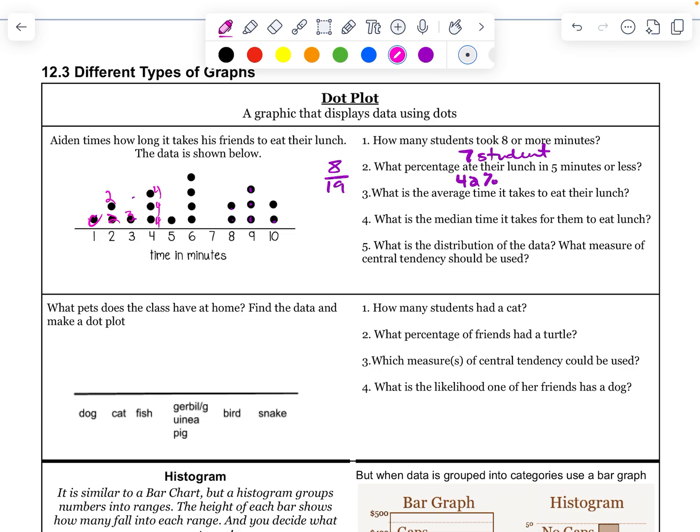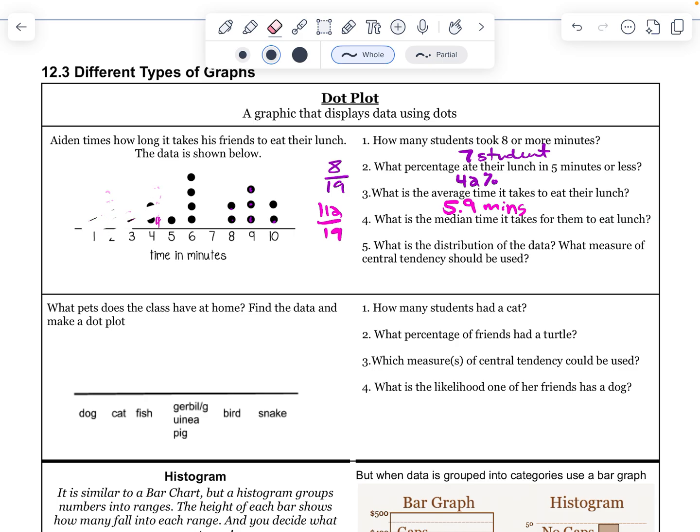No 7s plus 16. 9 times 3 is 27 plus 20. So for my average, I got 112 divided by 19 is 5.9 minutes. And if you look at this, that data kind of makes sense. I have some outliers up here, a little bit longer, but yeah, about 5.8 minutes, 5.9 minutes.